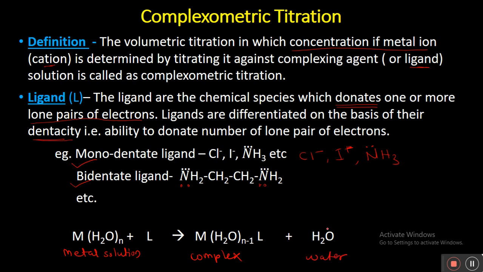See, this water acts as a ligand also. This is a monodentate ligand. So in this chemical reaction, a complex is formed. So this reaction is called complexation reaction or complexometric reaction. The titration in which a complex is formed, such titration is called complexometric titration.